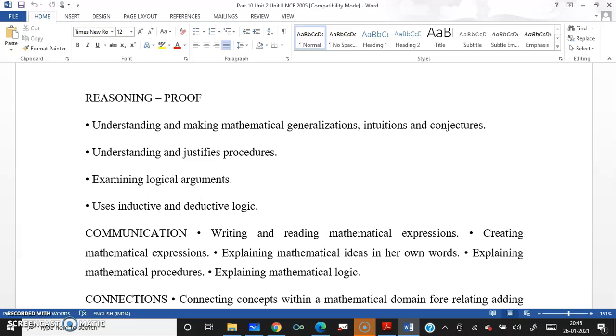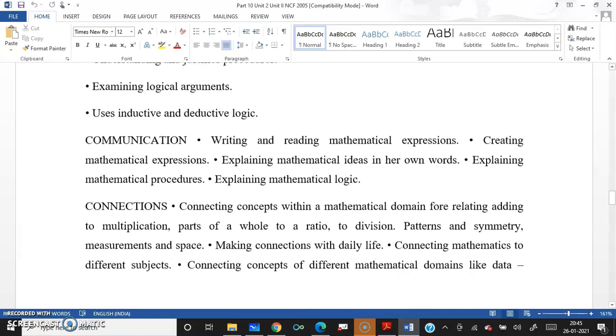Then examining logical arguments. From step 1 to 2, logically you have to argue how I arrived at step 2: equation 1, equation 2, adding 1 and 2, we get equation 3. Like this you have to argue it logically. Then use inductive and deductive logic wherever applicable.